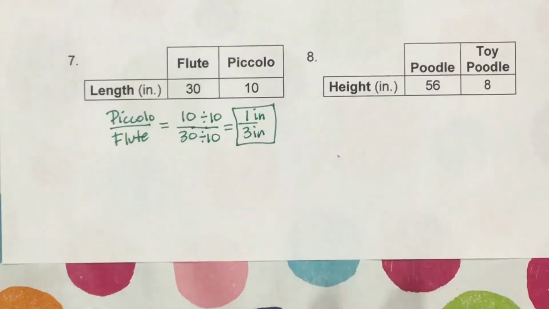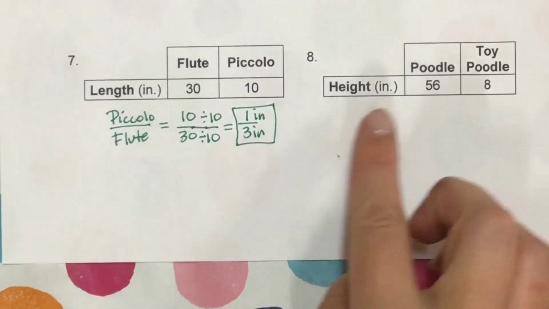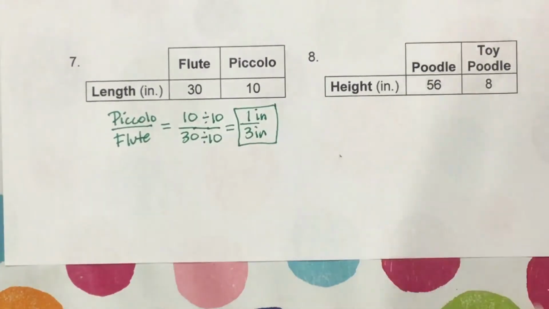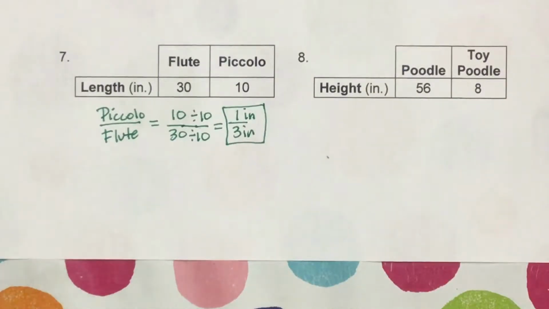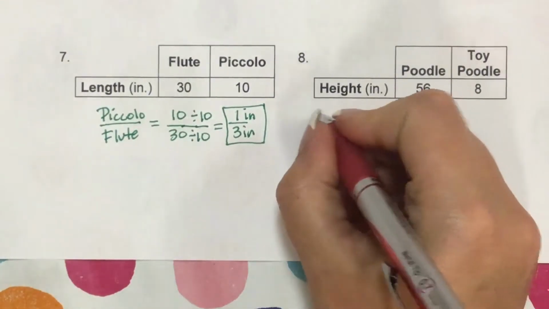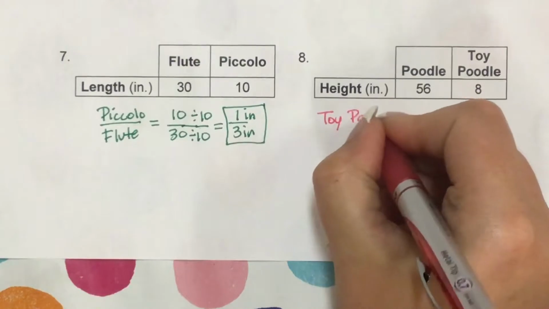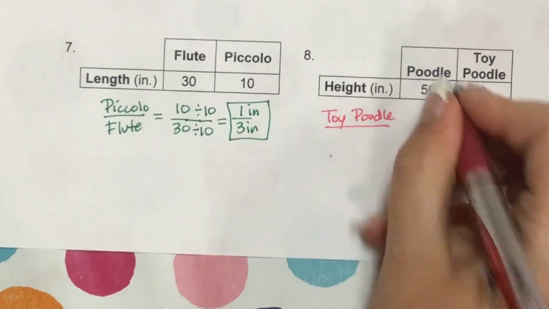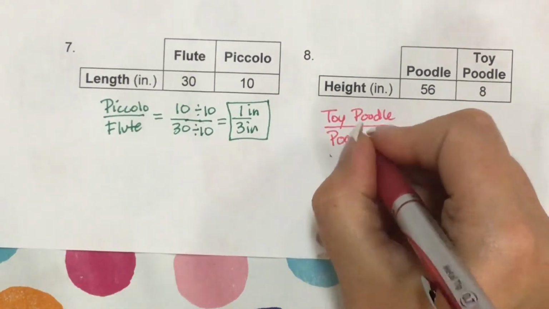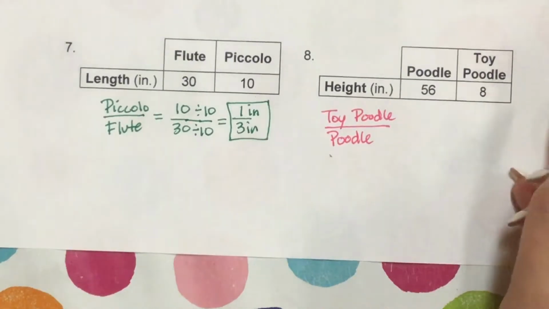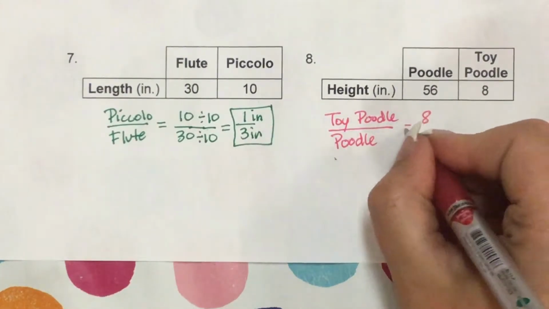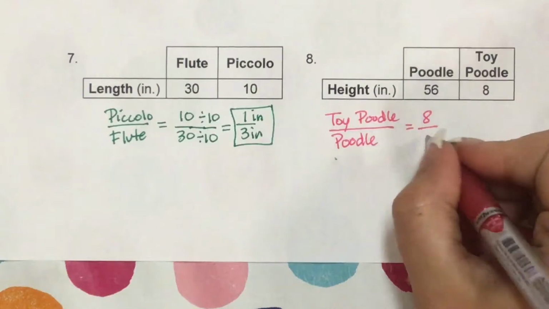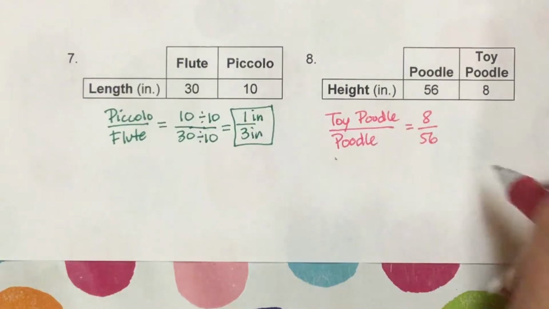On to problem number 8. We have the height in inches of a poodle and a toy poodle. Okay, cool. So the smaller thing is the toy poodle. That's going to go on top. And the bigger thing is the poodle. Okay, we're determining the scale factor. The toy poodle is 8 inches over the actual poodle is 56 inches. So we want to figure out the scale factor.